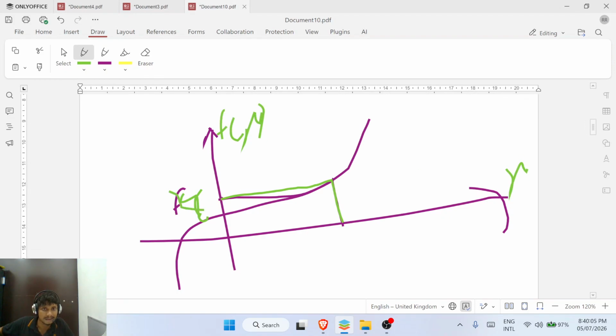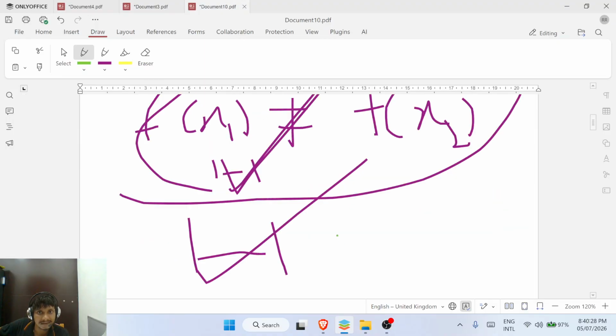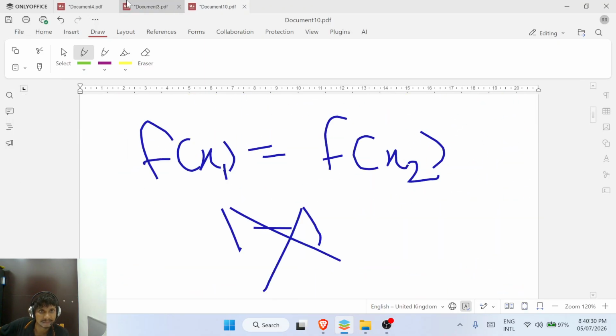Now I assume that this f of x is, for example, 20. I already said that there are two values in the x-axis that have the same value for f of x.